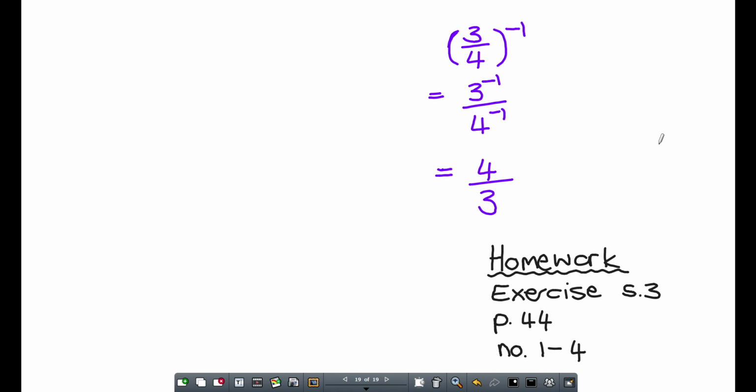If my answer was 1 over 2 to the power 3, I want you to simplify and say that will be 1 over 8. Okay, so don't stop just with the exponents. 2 to the power of 3 gave me that 8. Okay. Right, that is it. I'm going to stop the recording.